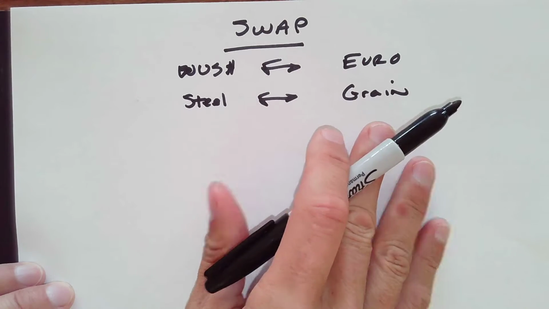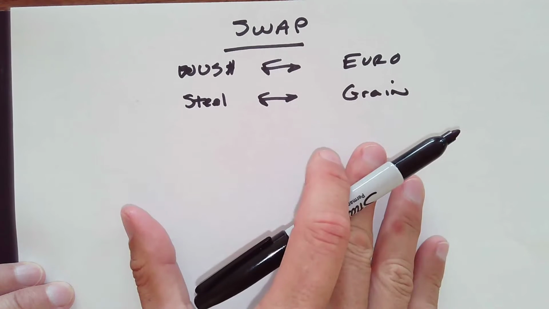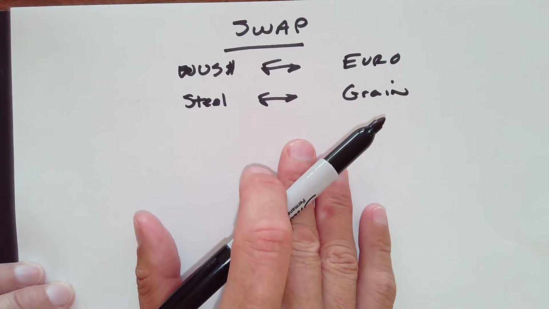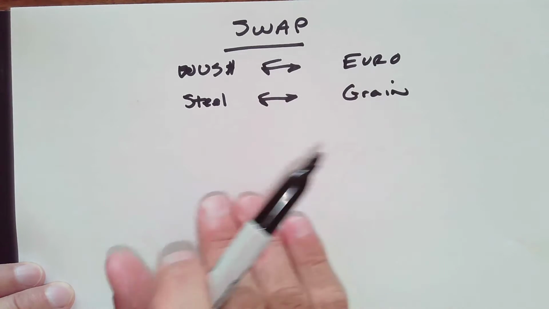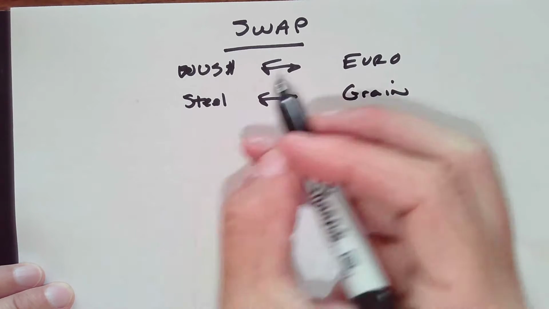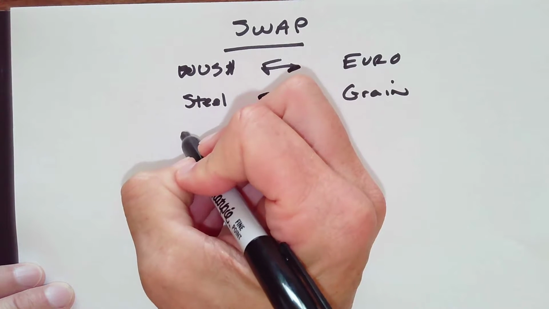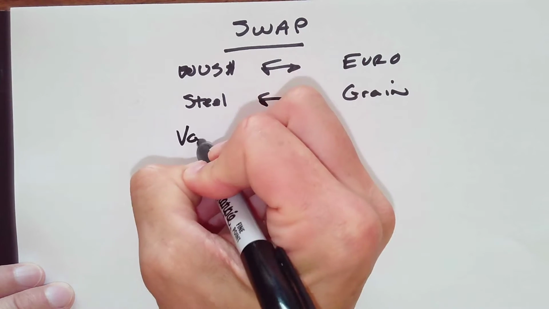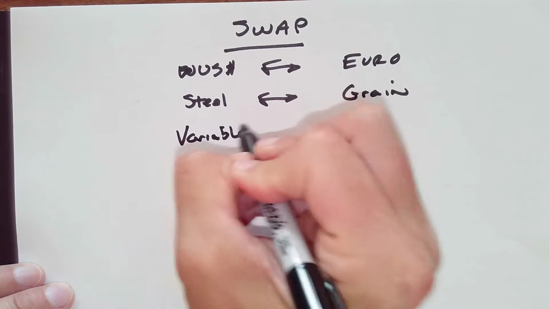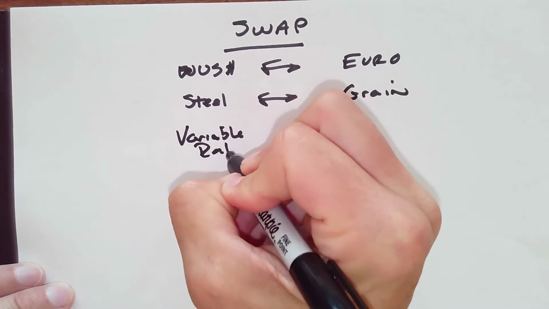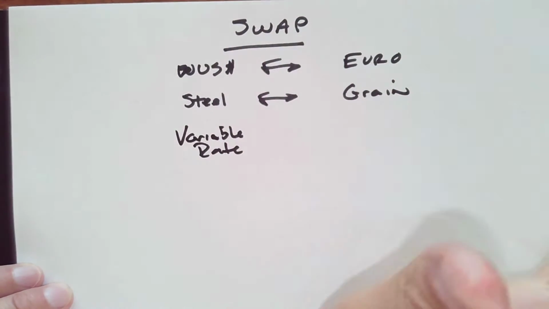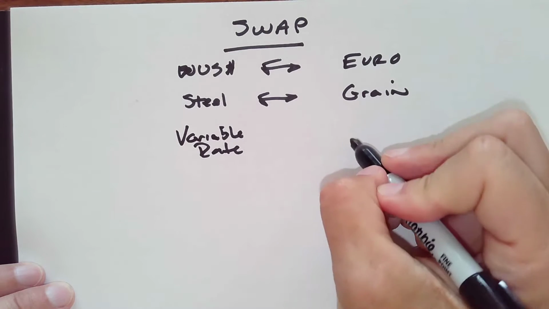What we're going to spend most of our time on in this class is dealing with the type of swap that you will see the most of. And that's interest rate swap, where I might swap a variable rate loan, whatever, for a fixed rate.